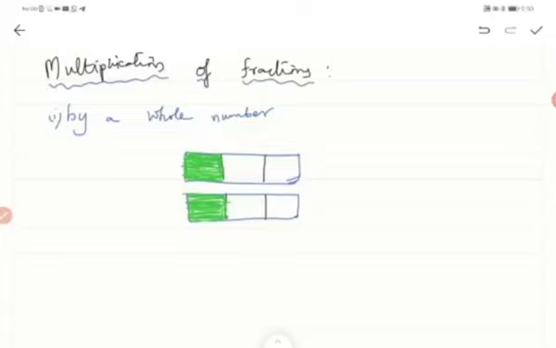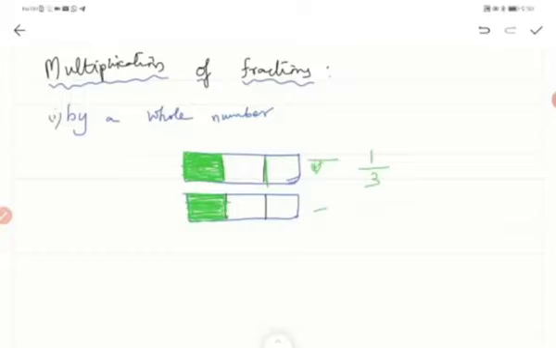See, I have drawn two pictures. Tell me, what fraction does this picture represent? This picture is divided into 3 parts, so my denominator will be 3 and the used region is 1.